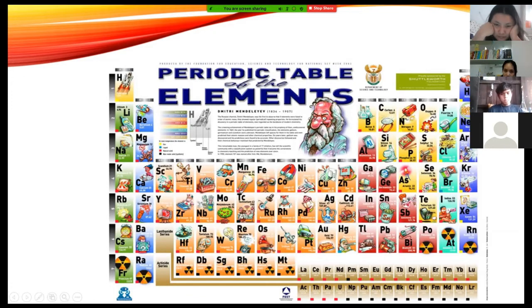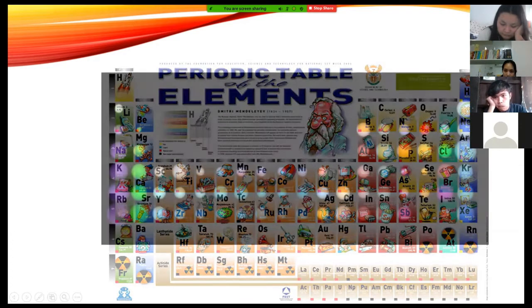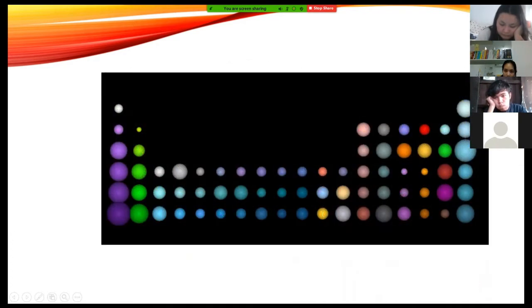So in bioinformatics, the most important elements in the periodic table are along the second row. So if you plot the periodic table into a molecular visualization platform, you can see atoms with various colors and various radii.